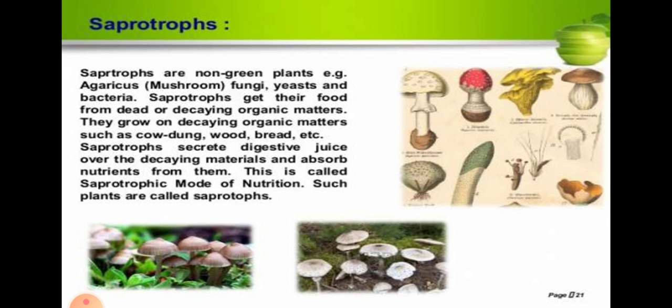This mode of nutrition, in which plants take in nutrients from dead and decaying organic matter, is called saprophytic nutrition, and the plants which use it are called saprotrophs. In simple words, those non-green plants which obtain their food from dead and decaying organic matter are called saprotrophs. For example, fungi. Okay.